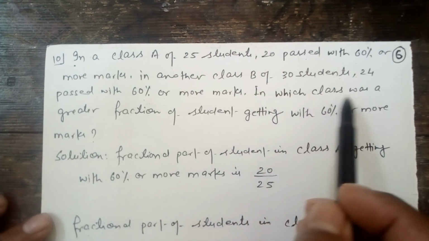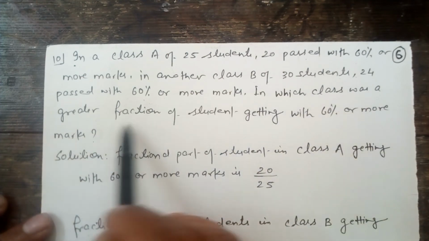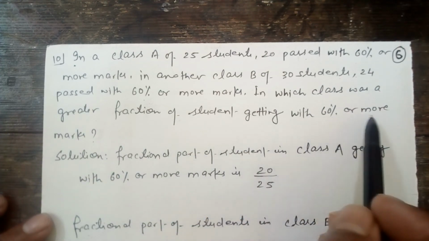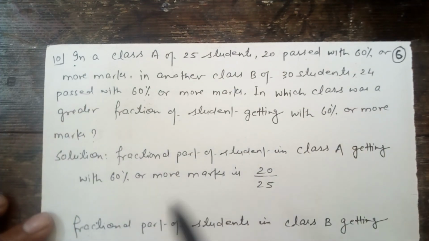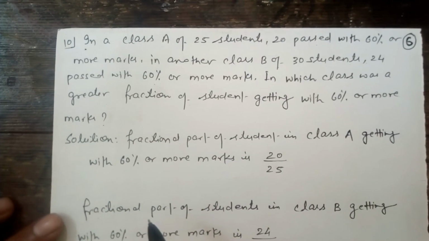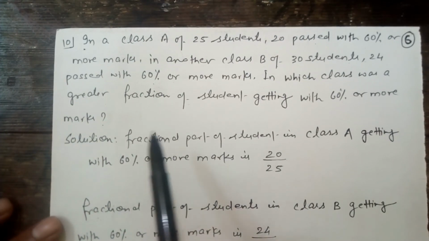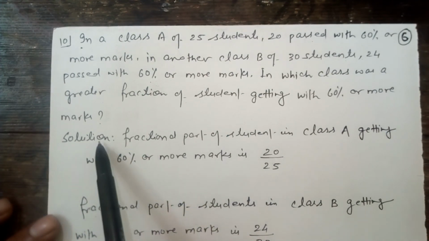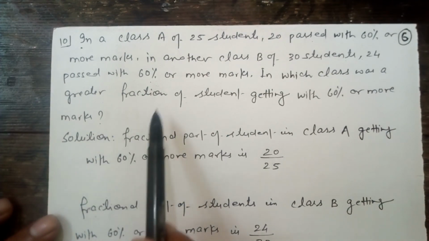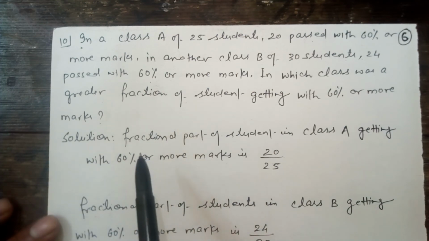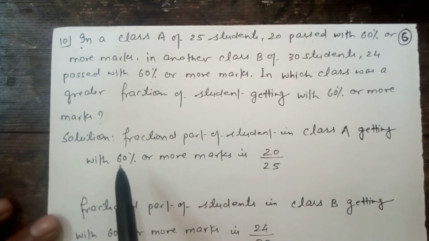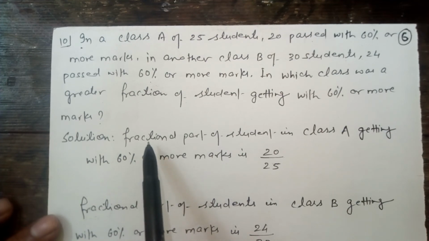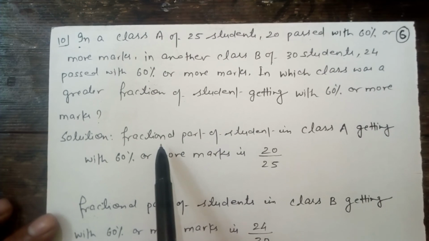In which class was a greater fraction of students getting 60% or more marks? All these questions depend on the same procedure. In this question there are two classes, class A and class B, so we will take out the fractional part of the students.